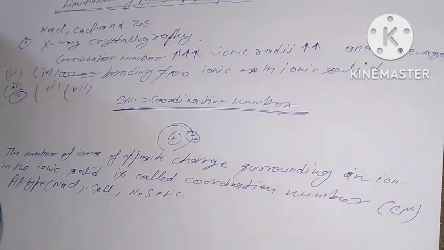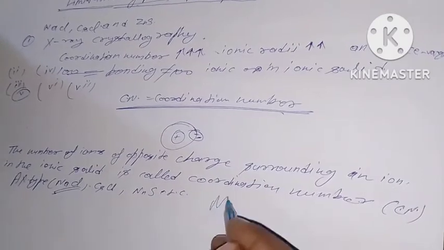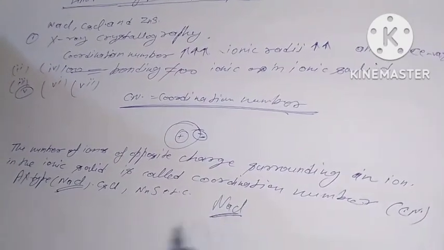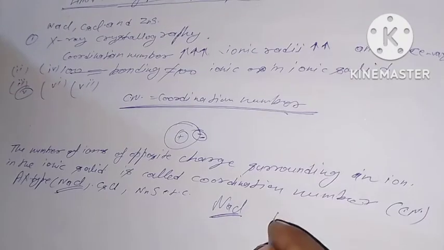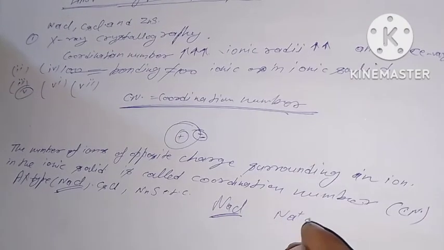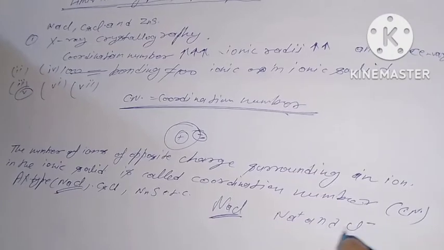In NaCl, the coordination number of Na+ and Cl- ions is 6.